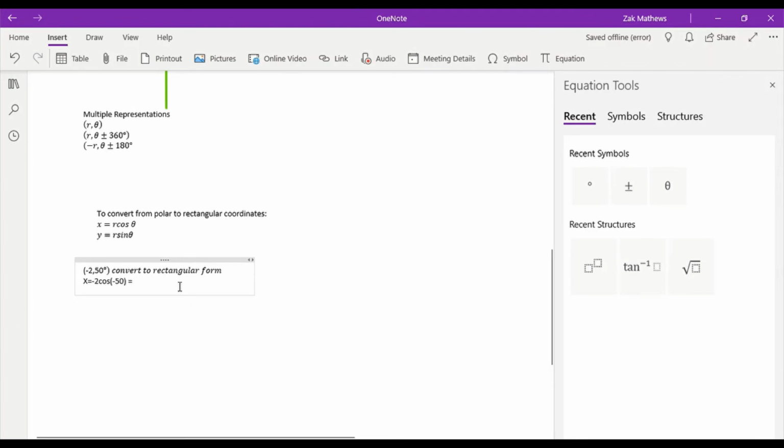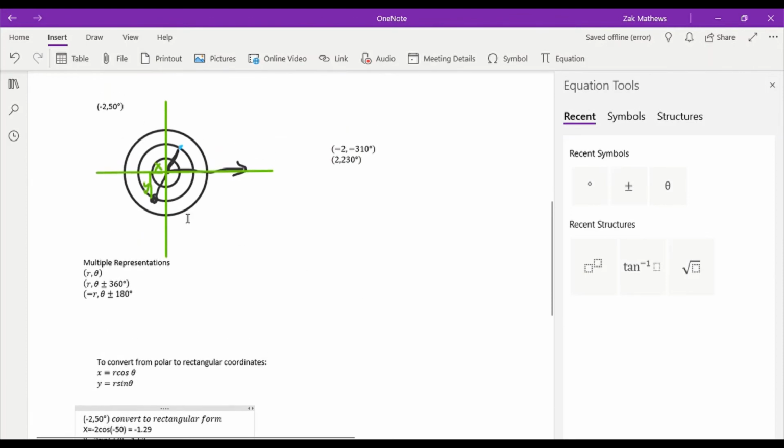I'm going to use my calculator, and when I do, I get the answer of negative 1.29. I'm going to do the same thing to get my y, but I'm going to use my sine, so negative 2 sine of 50. And when I do, I get negative 1.53. If we were to look at this, it looks like my x-coordinate is just over the 1.